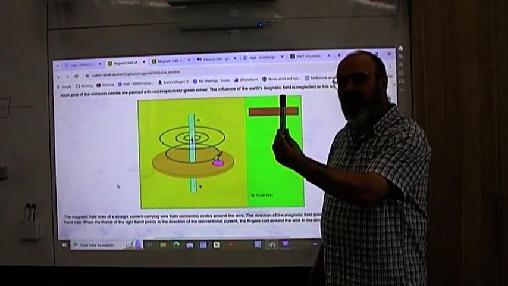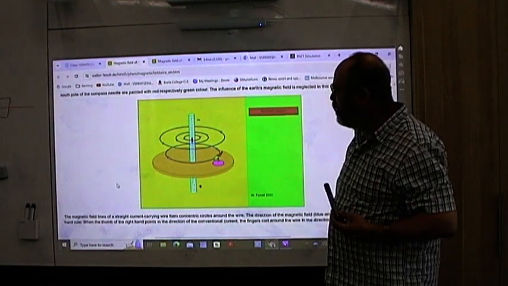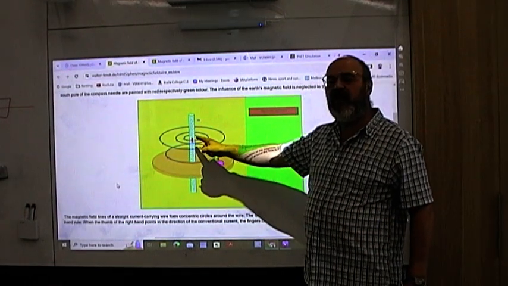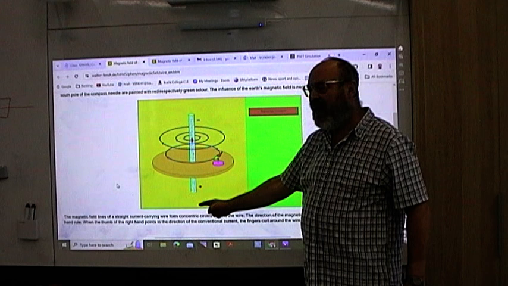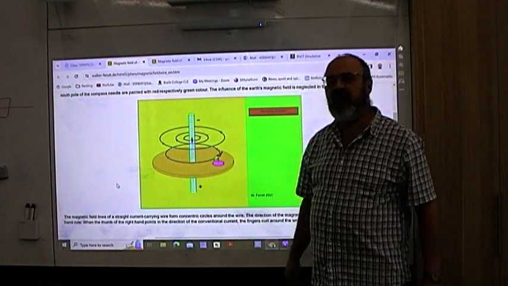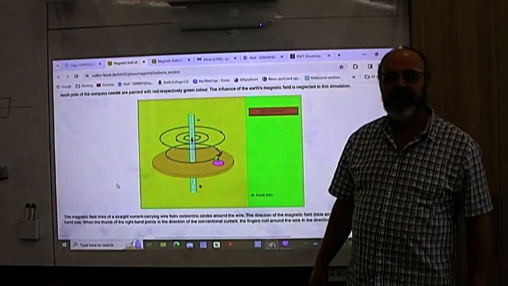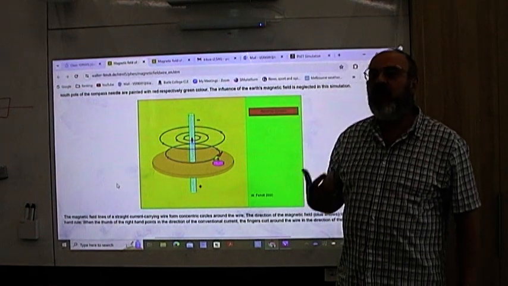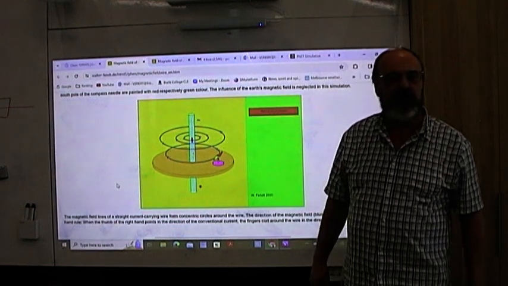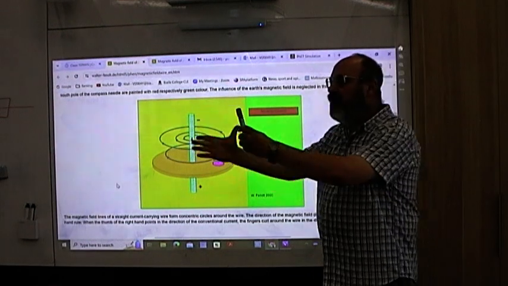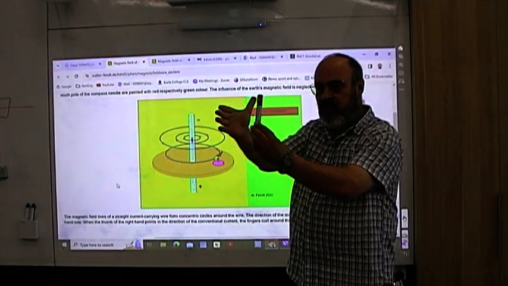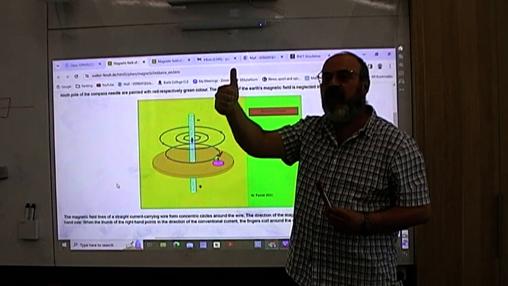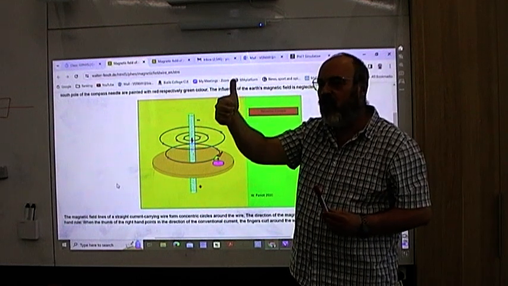So you have a vertical wire and current. You see electrons moving down. Why do we have the arrow pointing up? Because the direction of the current is from plus to minus, not the direction where electrons flow, but the opposite. I grip this with my right hand with the thumb giving the direction of the current.